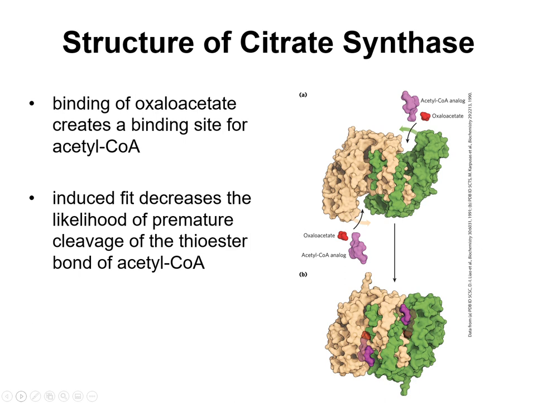Here's the structure of citrate synthase. It is a homodimer. And each one of these monomers, which is pictured here, has a really rigid subunit and a more flexible subunit.